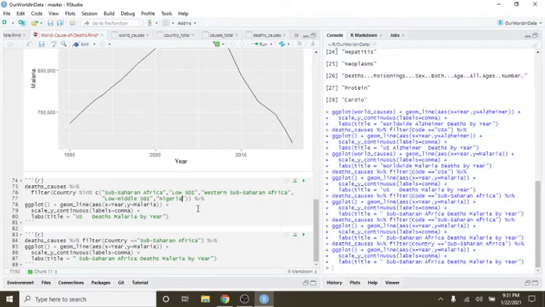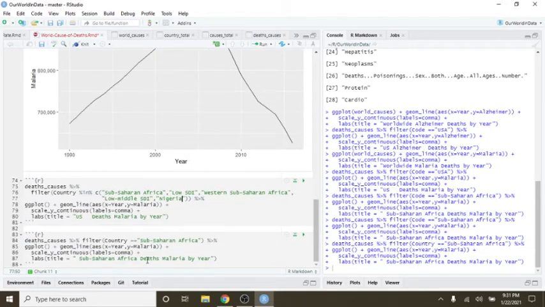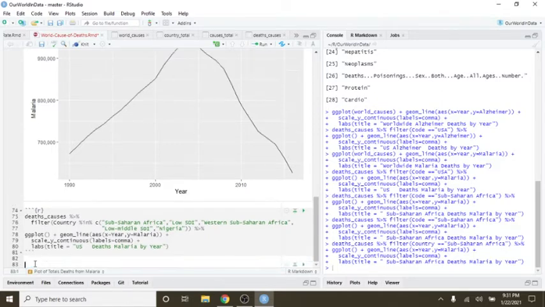Okay, so there's a couple things we can do here. Yes, we can do a single country, of course.